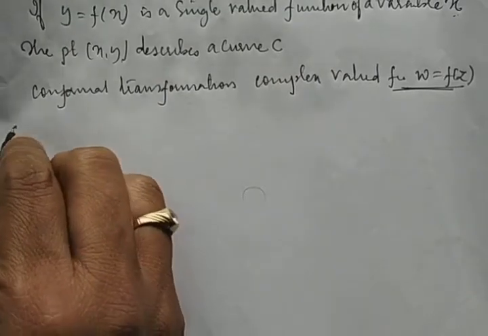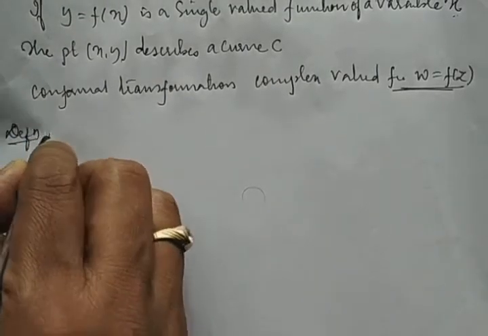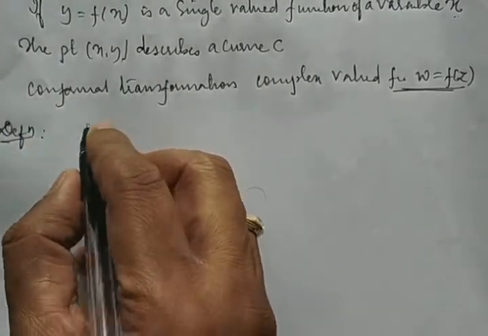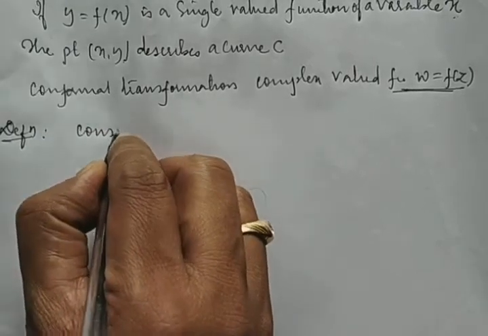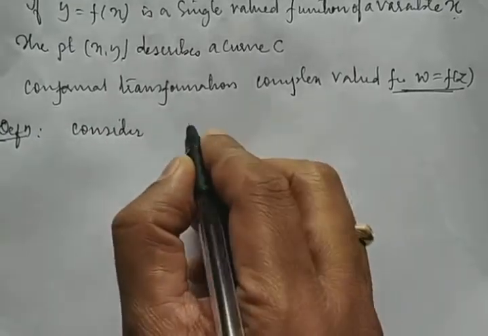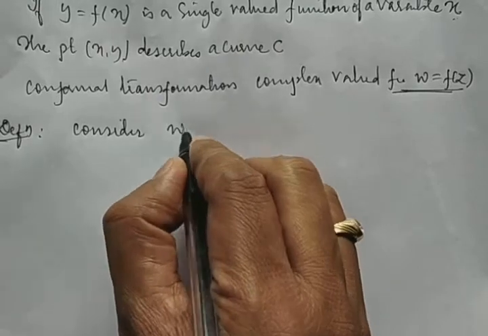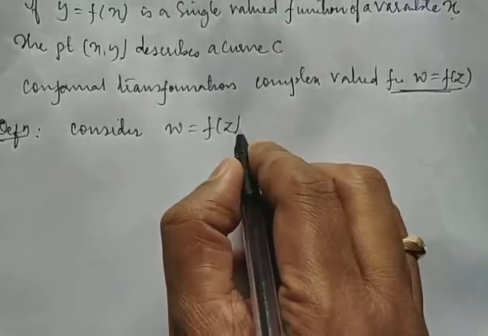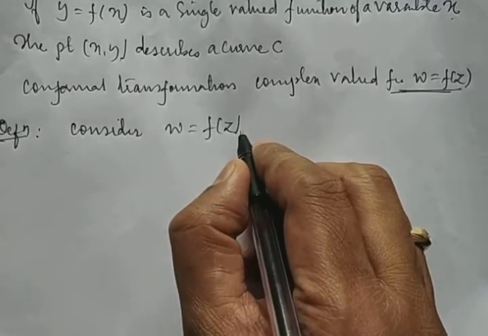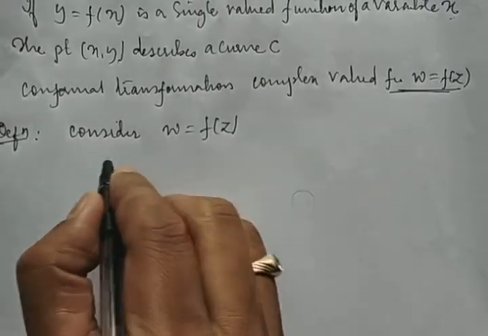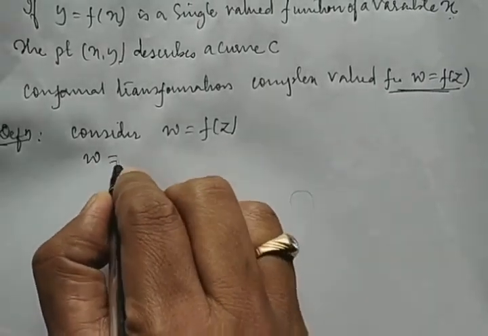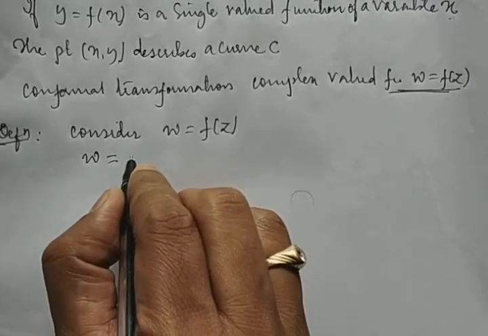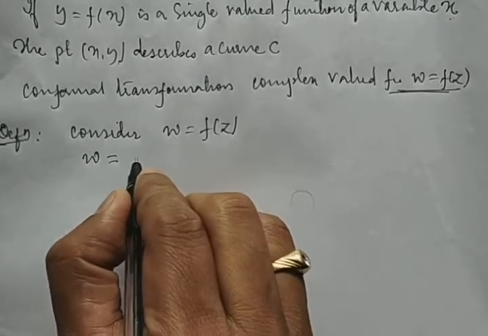If you take its definition of conformal transformation, in this, if we consider a complex valued function omega is equal to f of z, and we all know this omega is equal to f of z, further it can be represented as u plus iv.